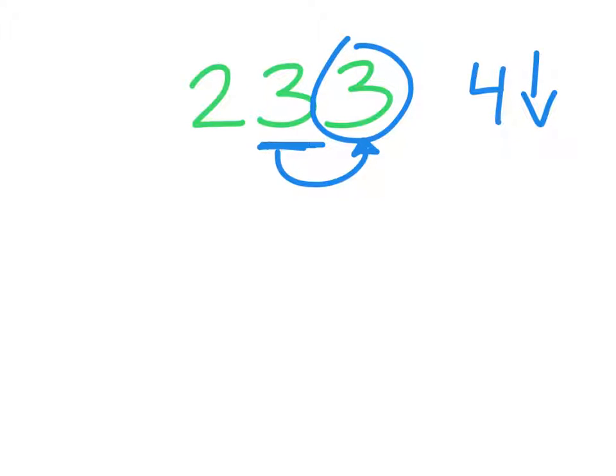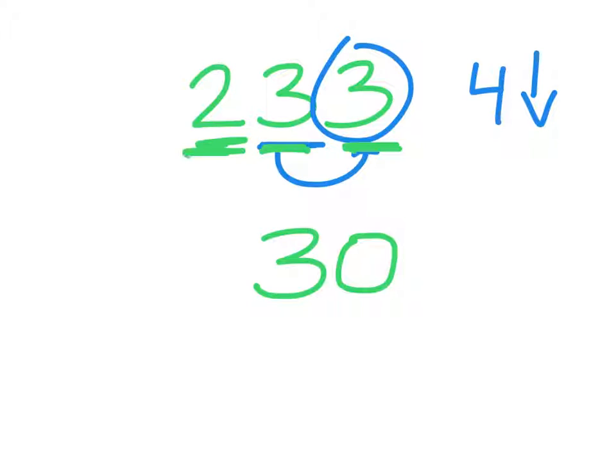By rounding down, what that means is that my tens place value that's at a 3 right now would stay at a 3. This number here would go down to a 0. And I can't forget about my numbers in the front. So I put 2 there. So 233 rounded to the nearest 10 is 230. Remember, nearest 10, there's 1 zero in the 10, so I should have 1 zero in my answer.